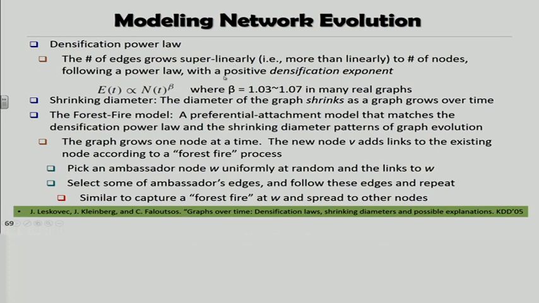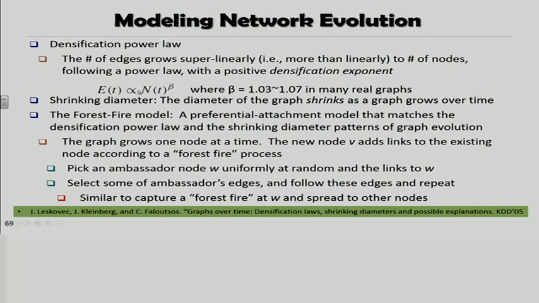What is superlinear? That means originally you were thinking if the nodes grow like double, the edges also will grow double. Actually, edges will grow more than double. Okay, so that's superlinear. They actually check the formula. You can see this is the number of edges. This is the number of nodes. If it's linear, you will get a proportional.